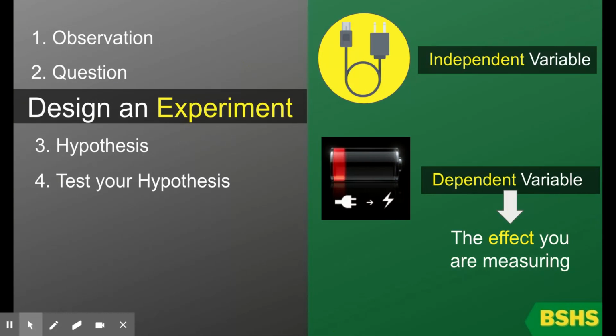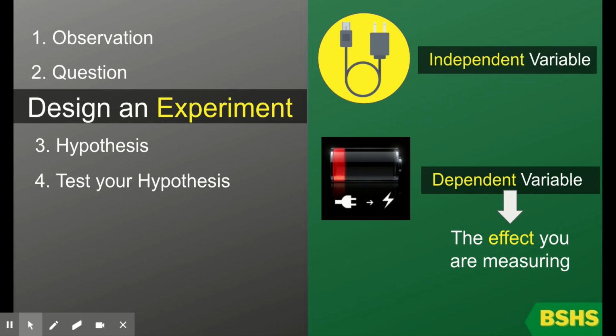Whatever your effect is that you're looking at, that's your dependent variable. Okay, so when you test a hypothesis, you should always make sure you have an independent variable, the thing you think is causing something to happen, and then a dependent variable, some effect that you're going to check on. In this case, it's the battery.